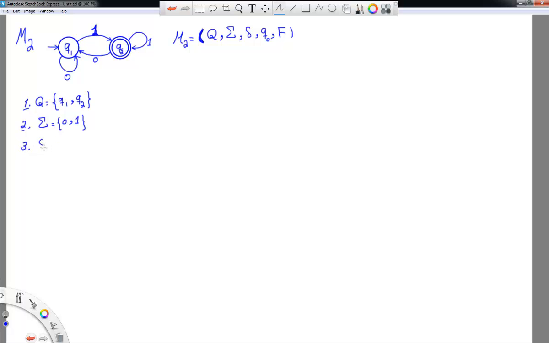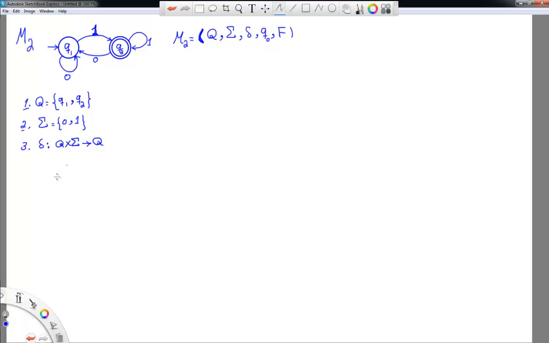Delta is a transition function with the domain Q cross product with sigma, onto the range Q. I'll define this a little bit later.